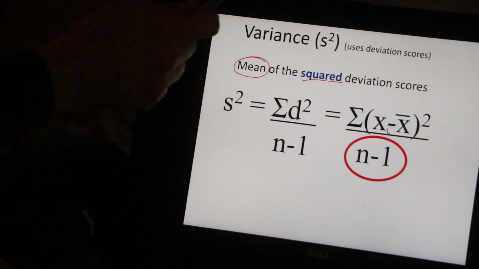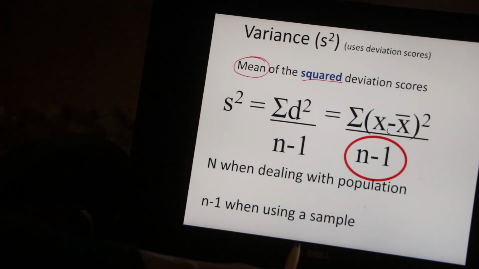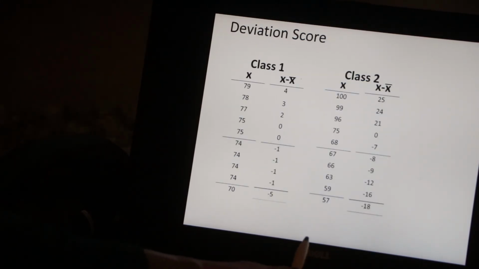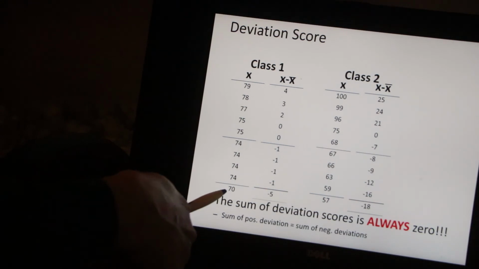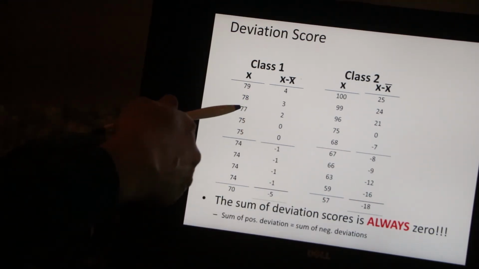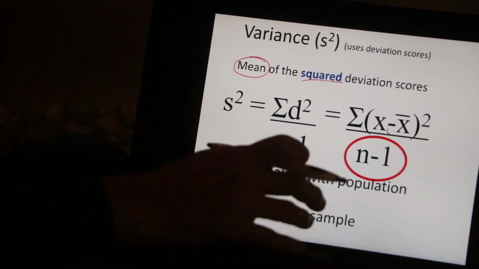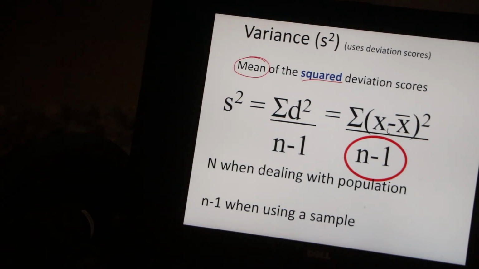And again, we're squaring this because we want to get rid of all those negative values, and then we're going to divide by our n, which in this case, I forget, what was it? Our class size, well, let's see, 1, 2, 10, class size was 10. So then we call this the variance. And this is our symbol for variance, s squared.